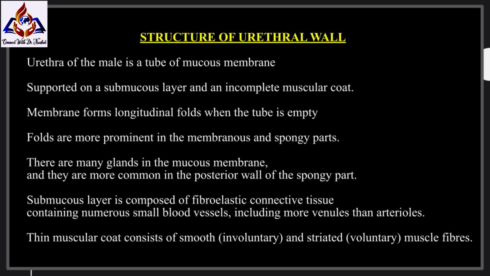The thin muscular coat consists of smooth or involuntary and striated or voluntary muscle fibers. The smooth muscular layer, longitudinally disposed, is continuous above with the detrusor muscle of the bladder and extends distally as far as the membranous urethra.